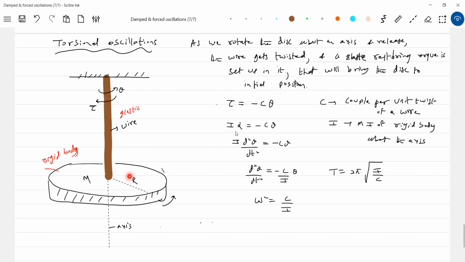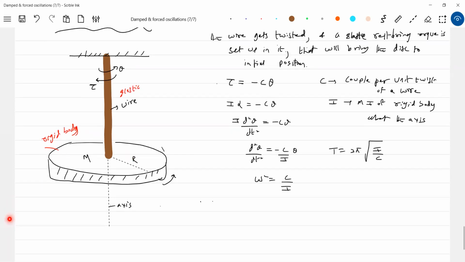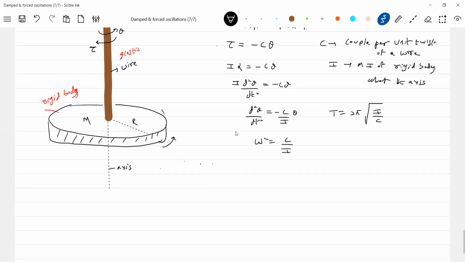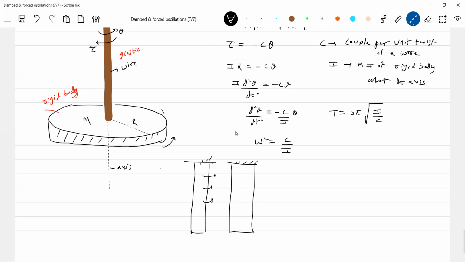So what is the advantage of this? Can we find out the couple per unit twist of a body? You may feel we are not understanding anything. Suppose you take a wire, just I wanted to give information. As you rotate, if you look at the wire, the different parts of the wire will have different theta.